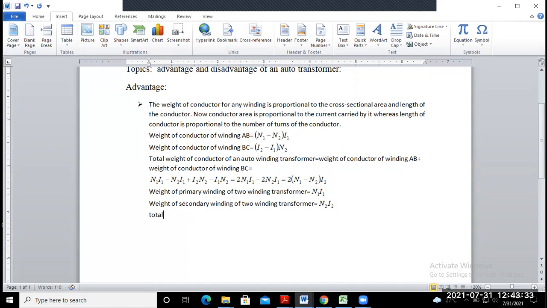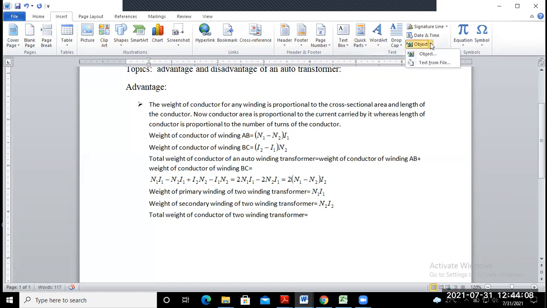Total weight of conductor of a two winding transformer is equal to the summation of N1 I1 plus N2 I2.